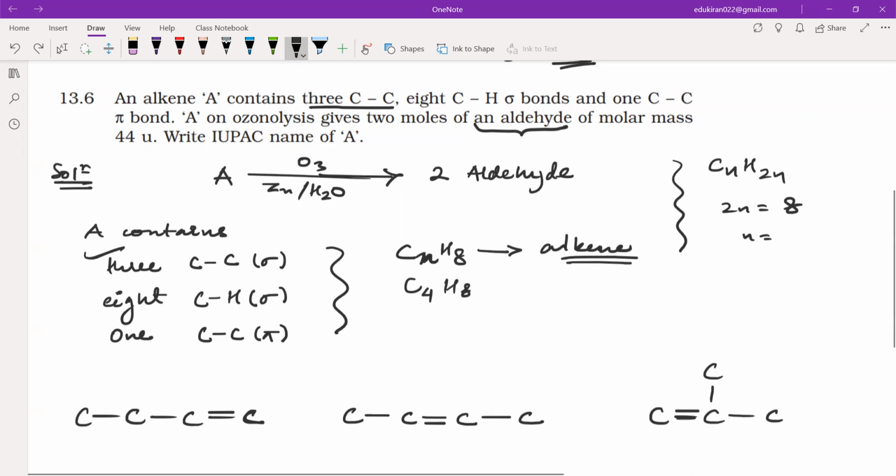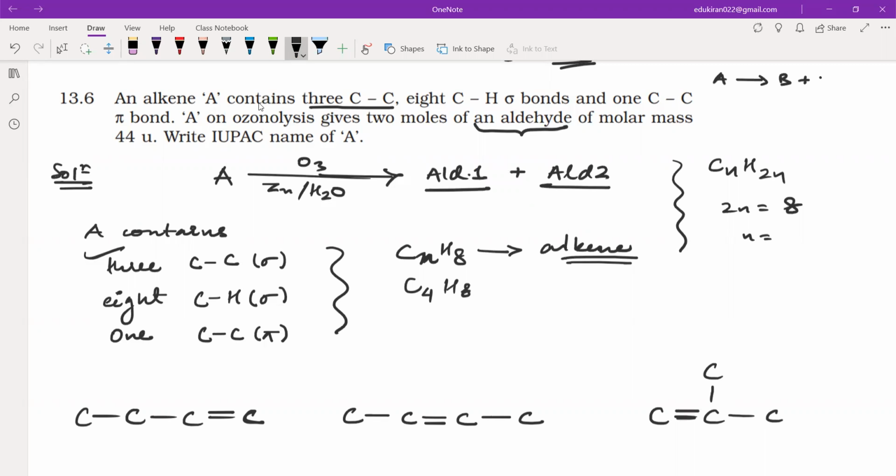No, sir. Achha. See, this means that we could have had aldehyde 1 and aldehyde 2. So these are 2 different aldehydes. It is like A giving B plus C. Now, what this is saying is that ozonolysis gives 2 moles of an aldehyde.